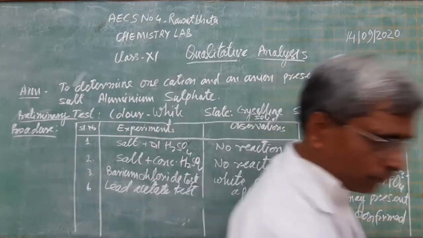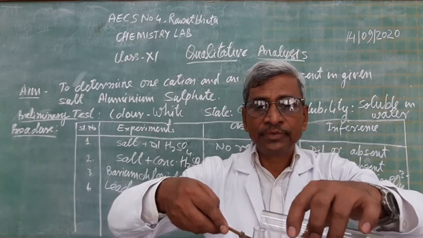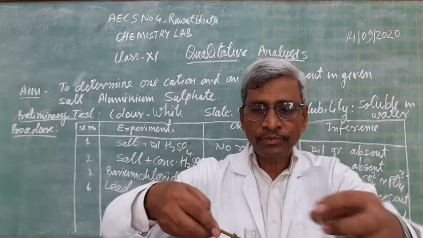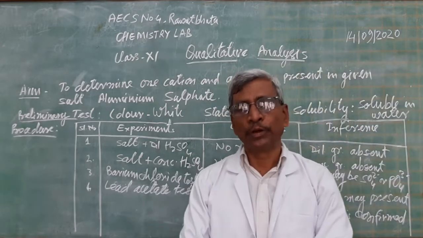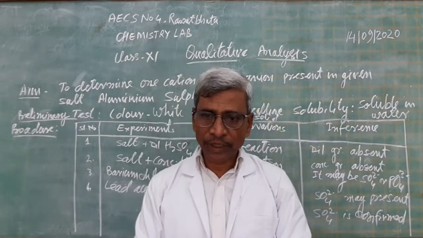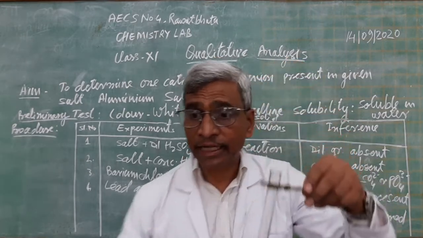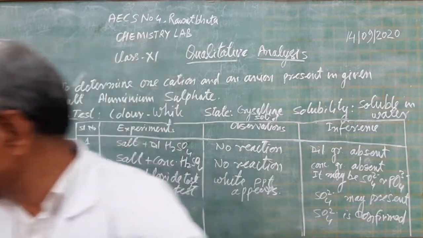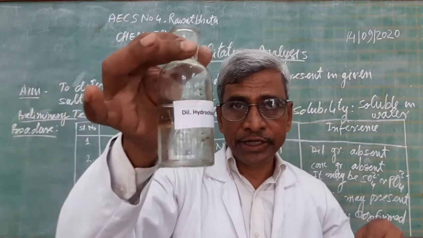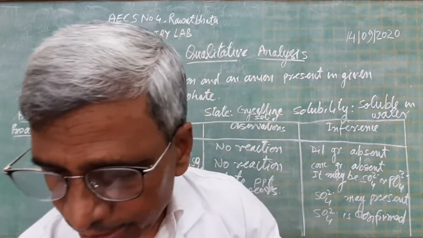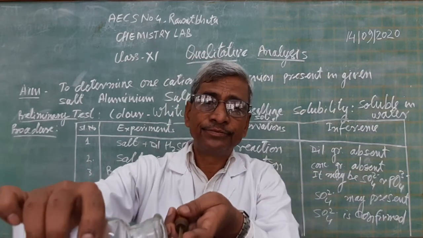Take a small amount of the original solution in the test tube, and add the group reagent of the first group of cations, and that group reagent is dilute hydrochloric acid. Here is the original solution, and add dilute hydrochloric acid. Add a few drops of hydrochloric acid to the original solution.